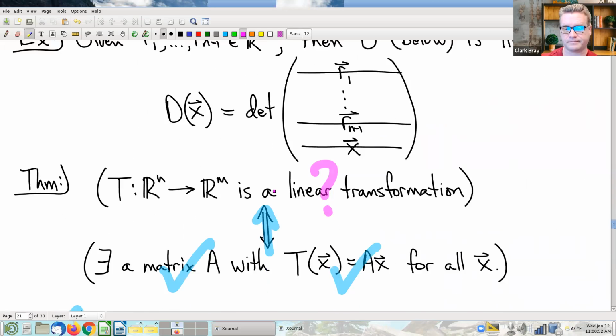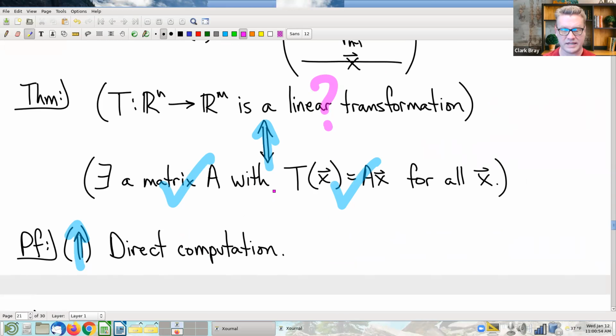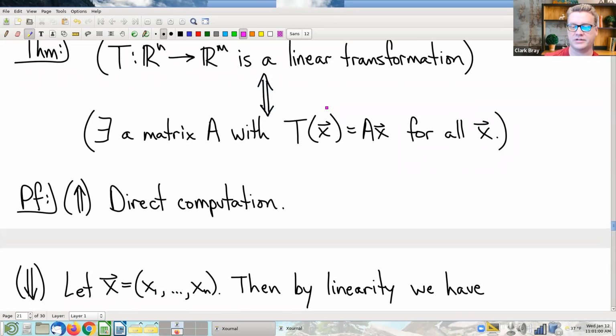Sure enough, it does. So that's what I'm going to call direct computation. The other direction is where it gets interesting. So how do we show the down arrow? How do I show, just knowing that I have a linear transformation, that there is such a matrix?